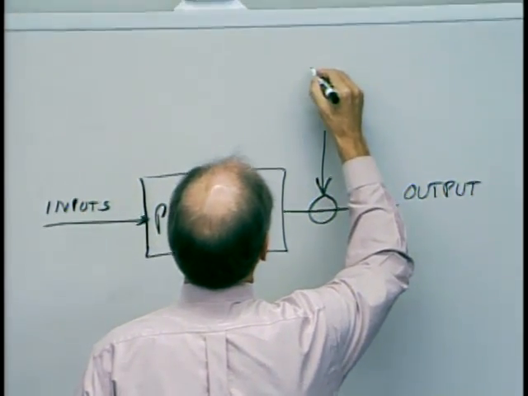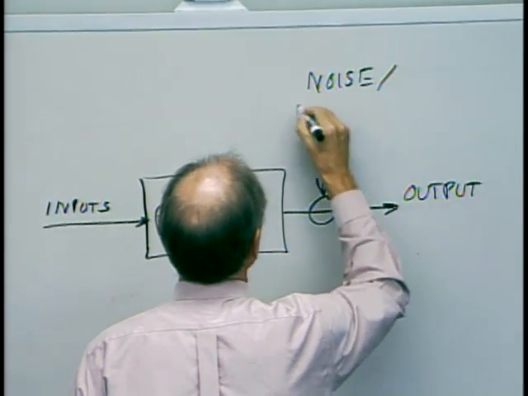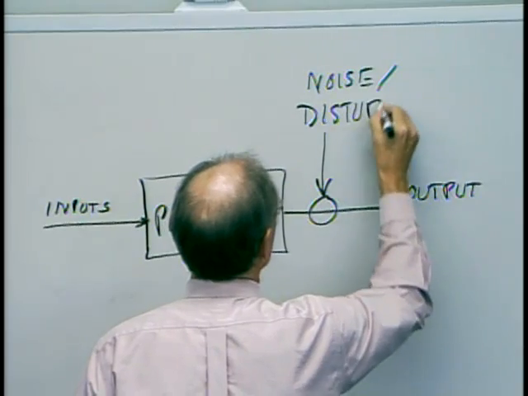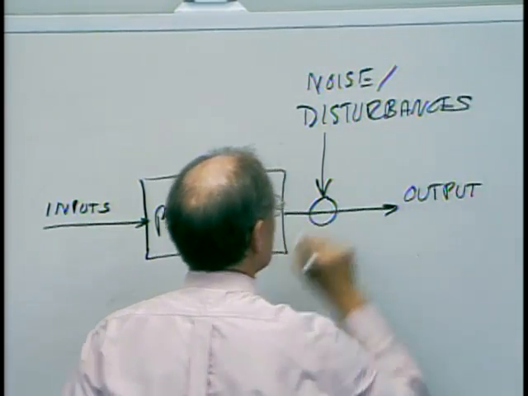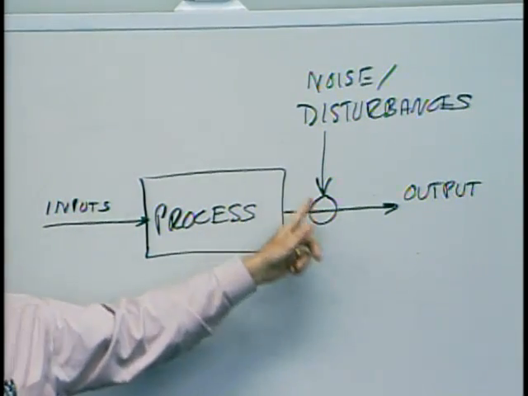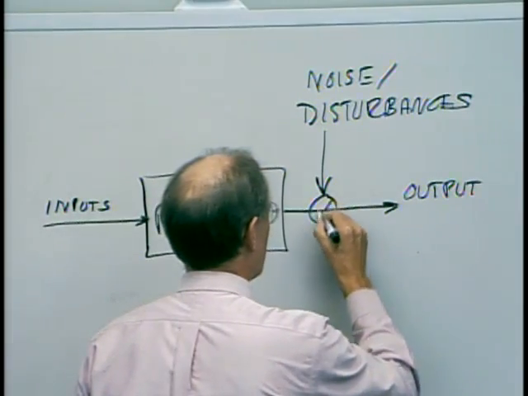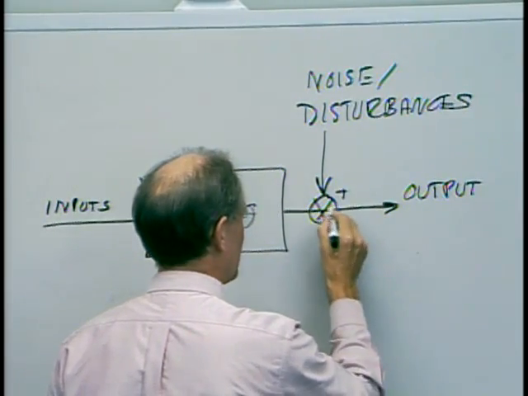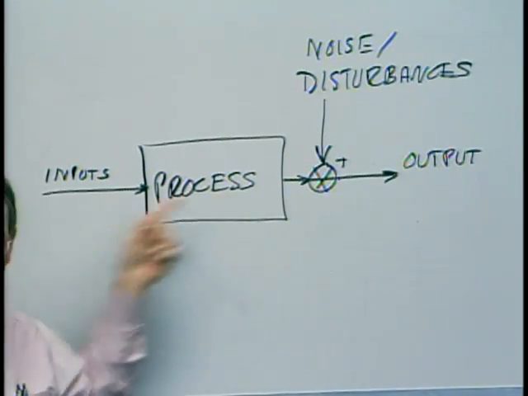You can have things that are called noise, and you'll hear that term throughout the term, actually, or disturbances. And you notice that's shown as external to the process, and from a mathematical point of view, it's shown as being additive. So imagine that this is a purely deterministic process.